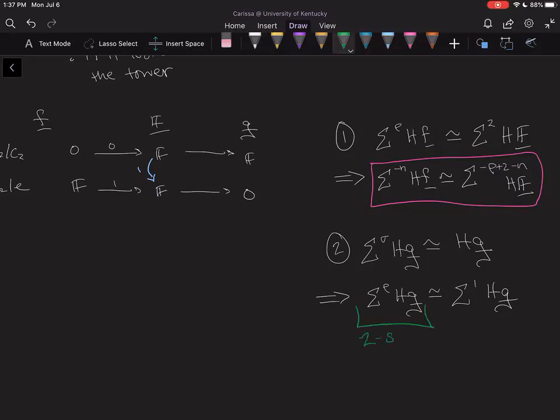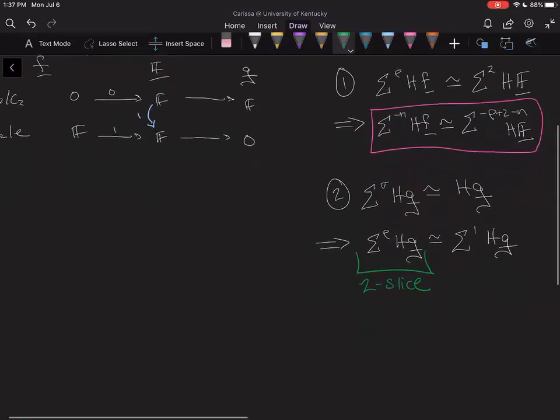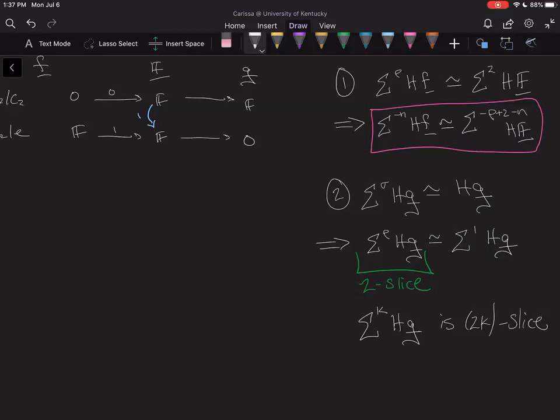So this is a 2 slice because the dimension of rho is 2. Therefore, for any integer k, the k suspension of HG is a 2k slice. And reminder, all of this we're writing down today is for C2.